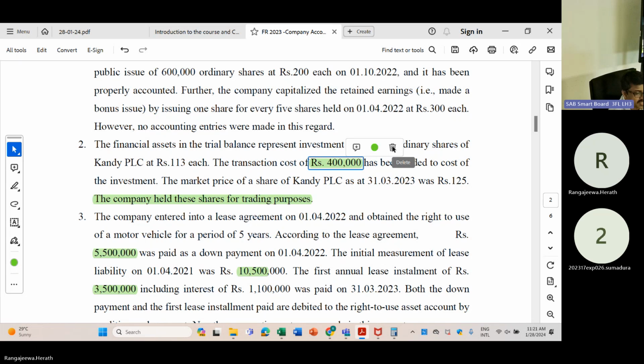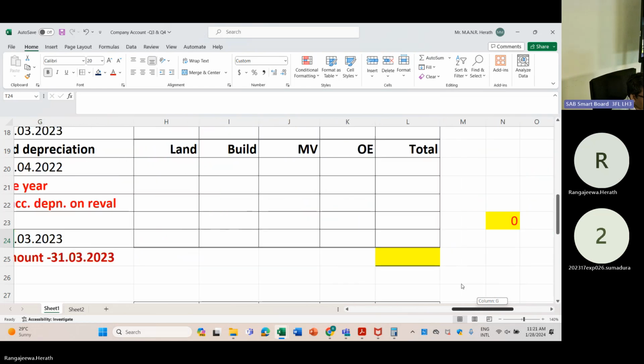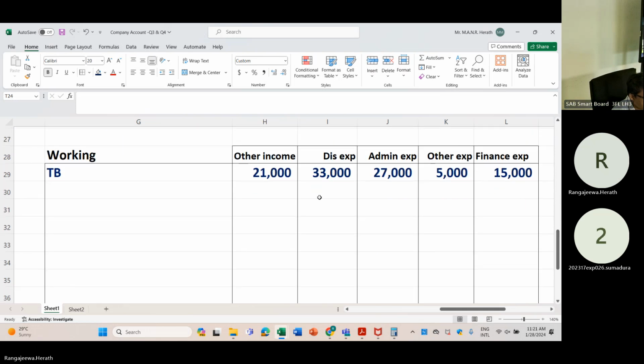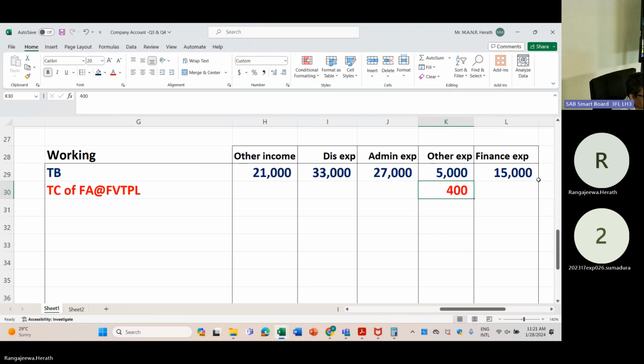But fair value through P&L is held for trading purposes. So we remove the 400 from the investment, and it goes to P&L. That is a new unaccounted adjustment, removed here in the working. In the expense working, you can add the transaction cost to other expenses: 400 is added to the 5,000 other expenses.